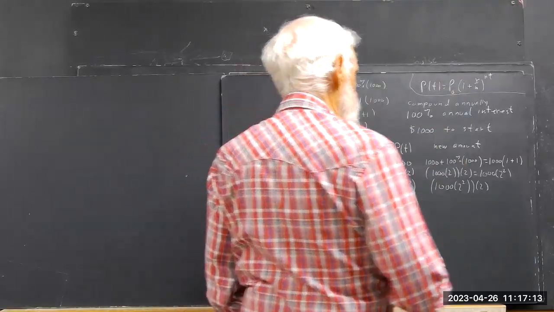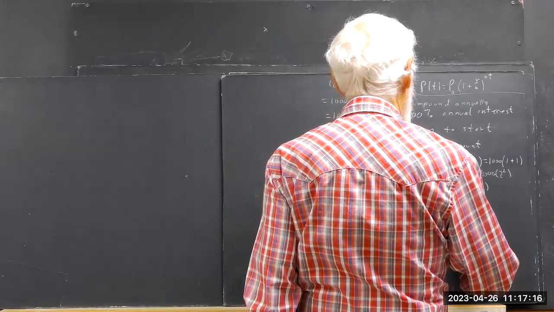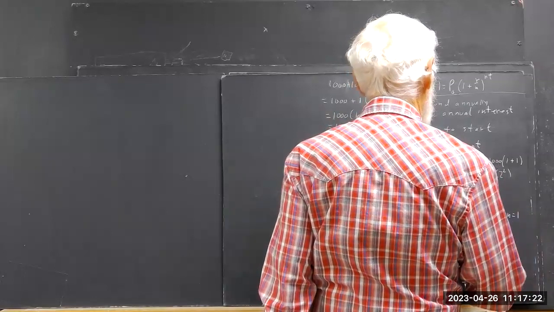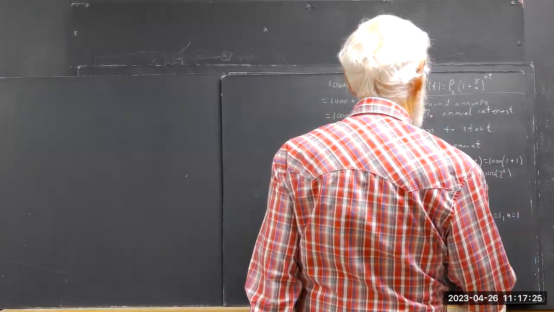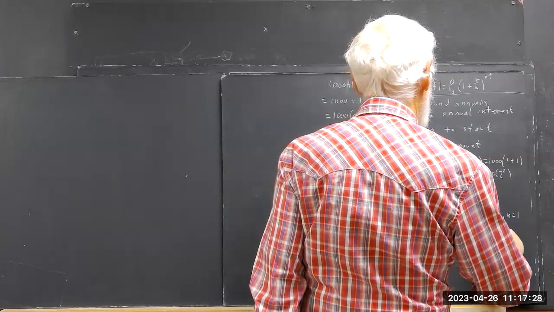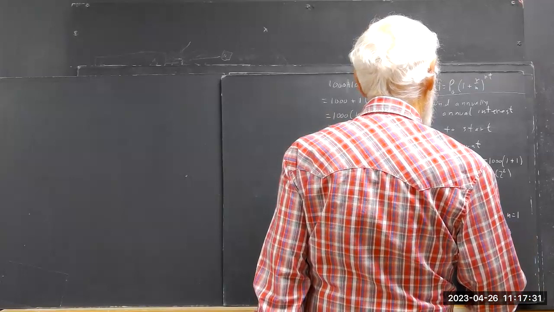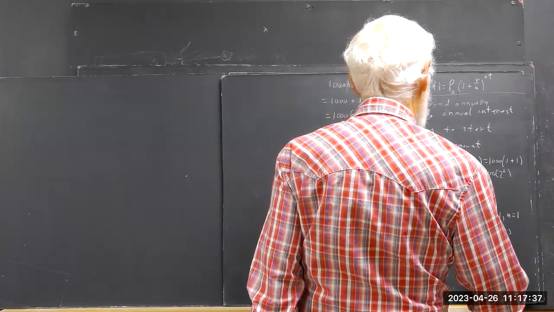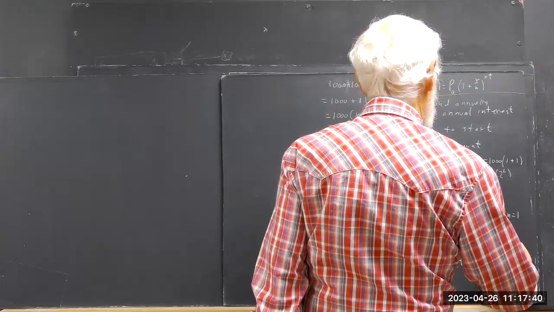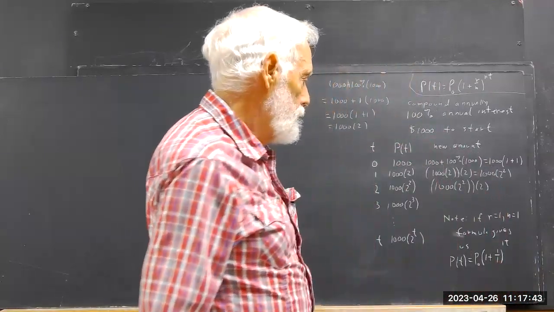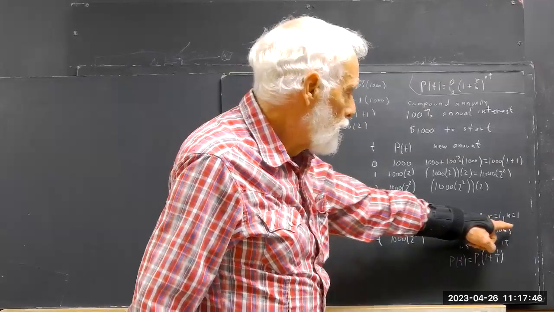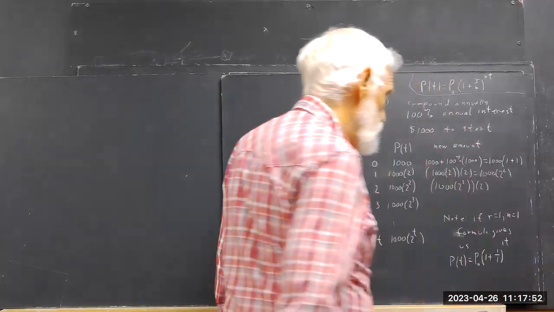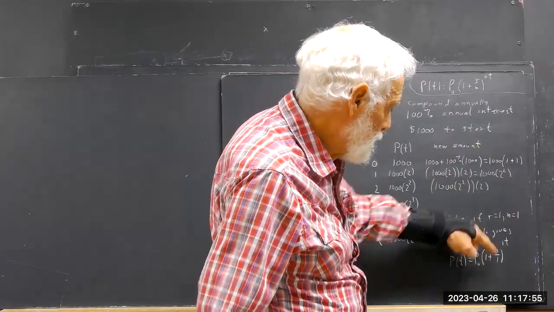If we put substituting one for R and one for M, well, N is here and here, R is here.